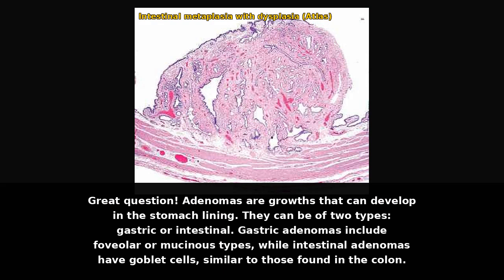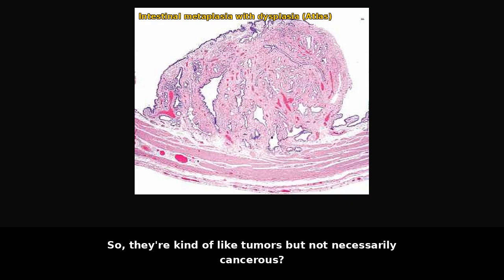They can be of two types, gastric or intestinal. Gastric adenomas include foveolar or mucinous types, while intestinal adenomas have goblet cells similar to those found in the colon. So they're kind of like tumors, but not necessarily cancerous.